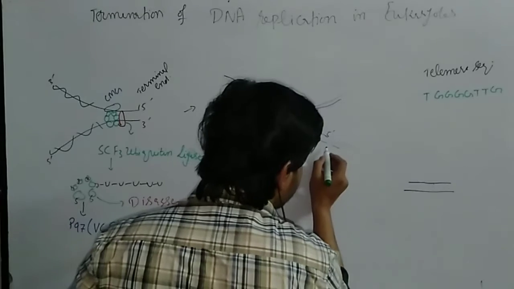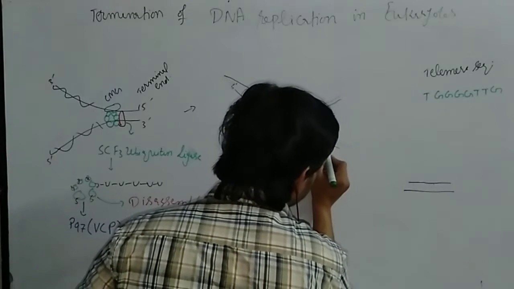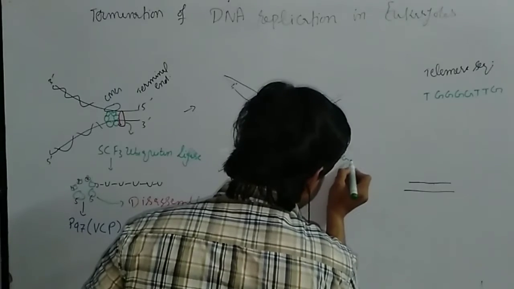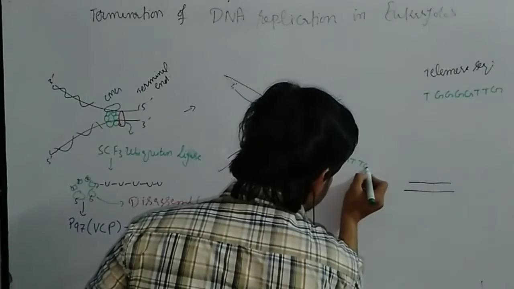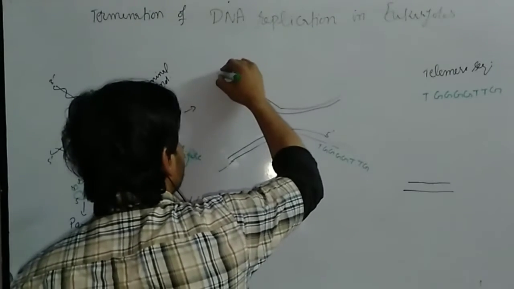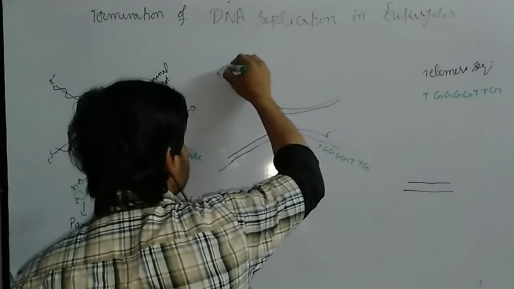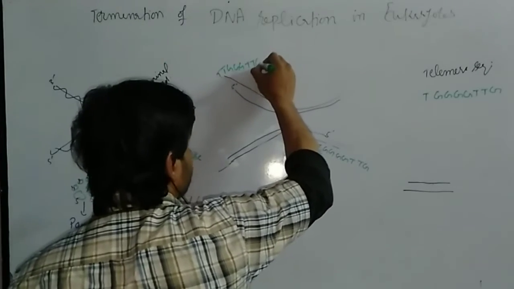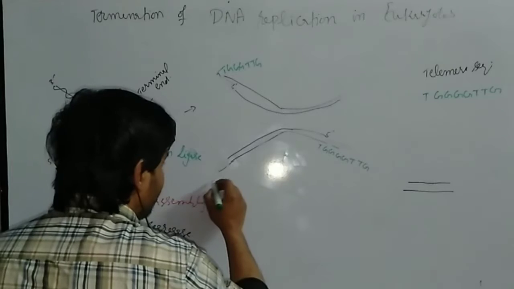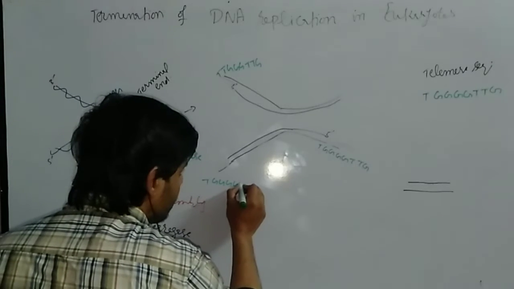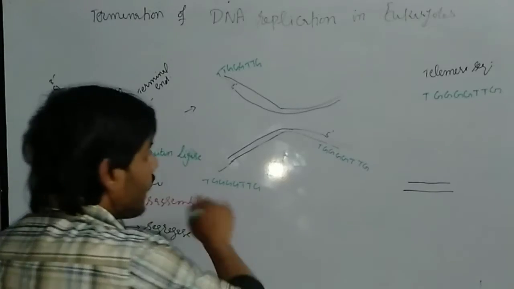So let me write T, T, G, G, G, G. It is also present at that specific point as well: T, T, G, G, G, G. And again here also: T, T, G, G, G, G.